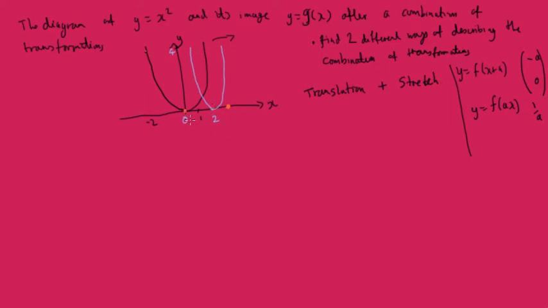So let's think of a translation where we move it by 4. So we move it to 4. And I'm going to draw this as a dotted line. So minus 2 is going to go to plus 2. It's going to go up to here.